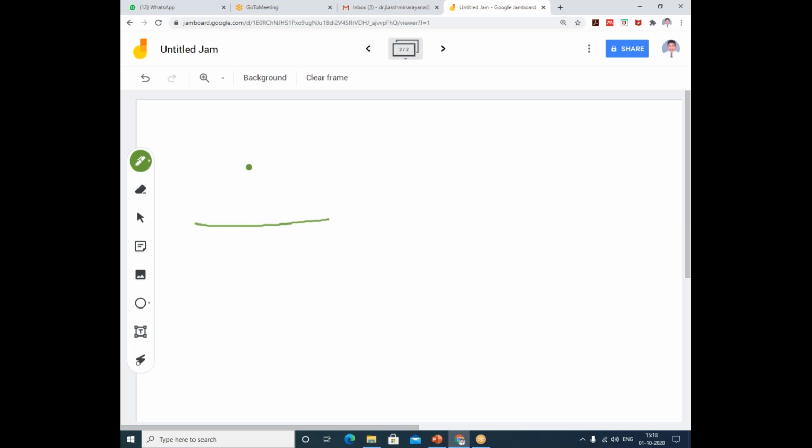Here I have drawn one waveform, which is a triangular waveform. Now I have drawn another waveform, which is a pulse, a rectangular pulse.